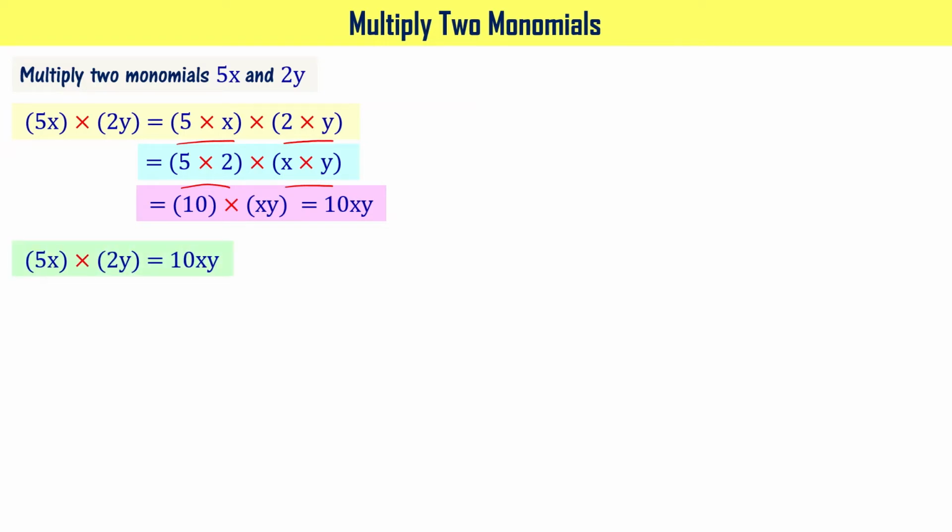Let us consider another multiplication, that is 5x times minus 3y. 5x can be written as 5 times x and minus 3y can be written as minus 3 times y, right? And now let me arrange the constant terms in one place and variable terms later.